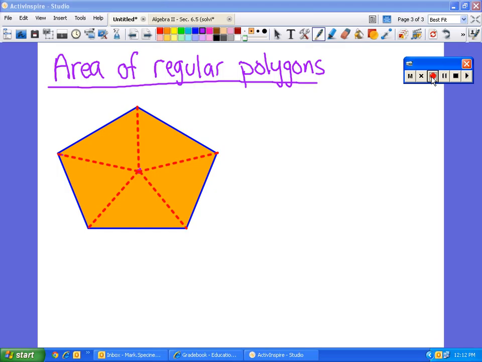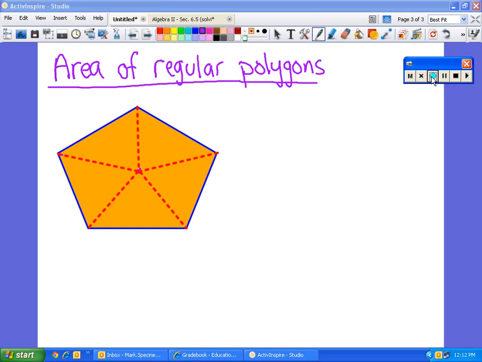So, we have a special formula that we're going to use, but I want you to first understand a little bit of vocabulary. So I have 2 vocabulary terms. One is the radius of a regular polygon.